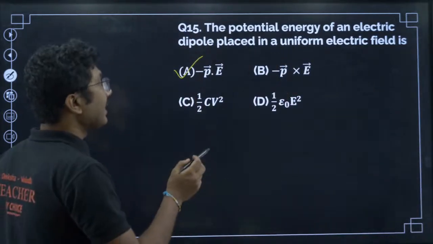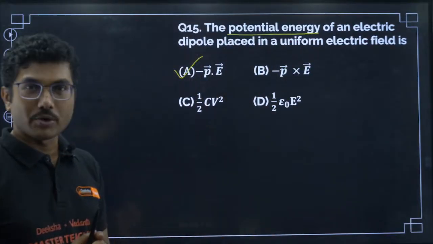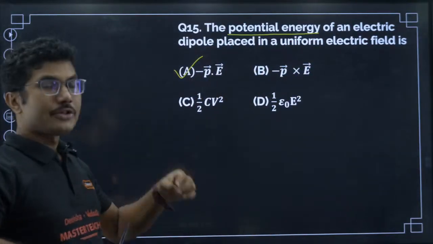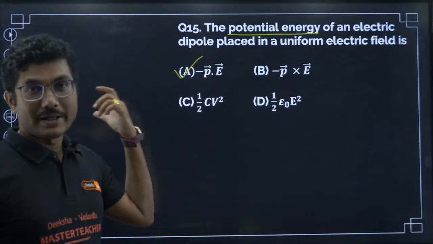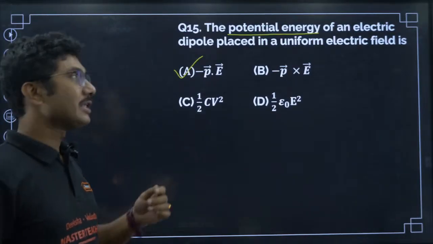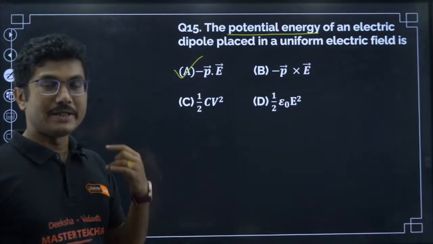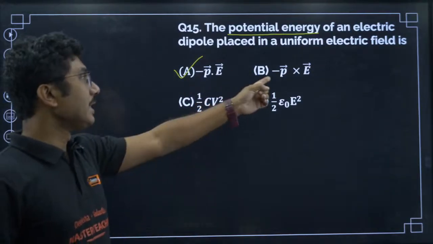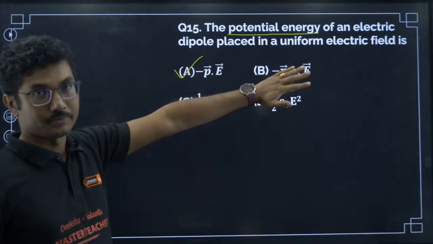If you see that, it is a potential energy. Potential energy is a scalar quantity, and for a dipole placed in an electric field, the potential energy is minus P dot E. It is minus PE cos theta. P cross E gives you the torque acting on the dipole, not the potential energy.